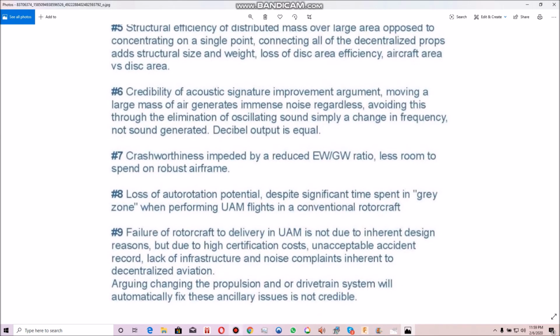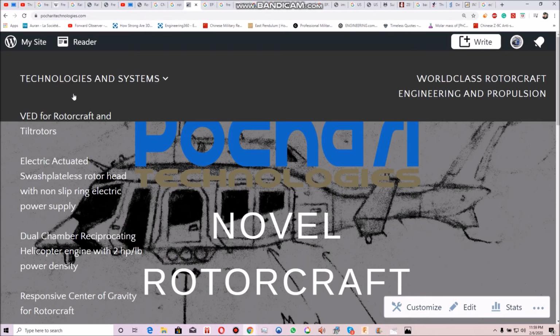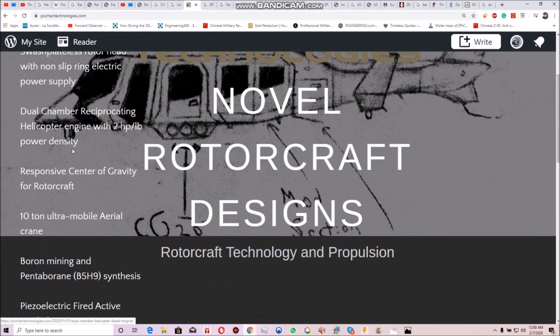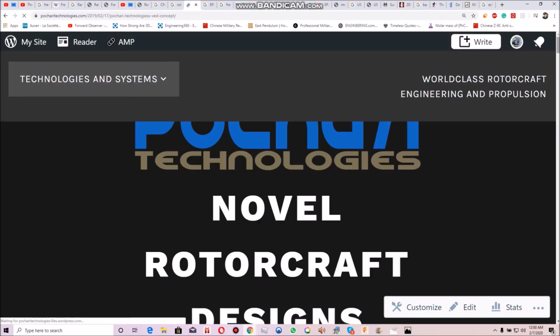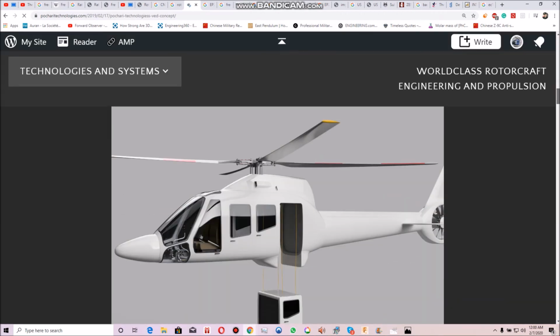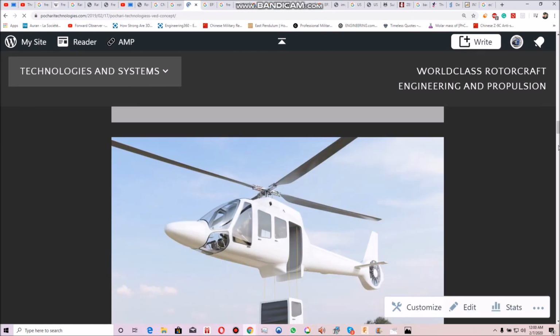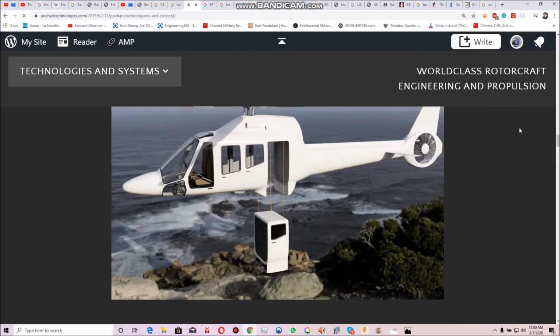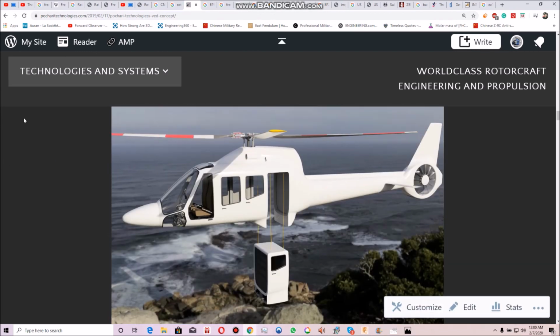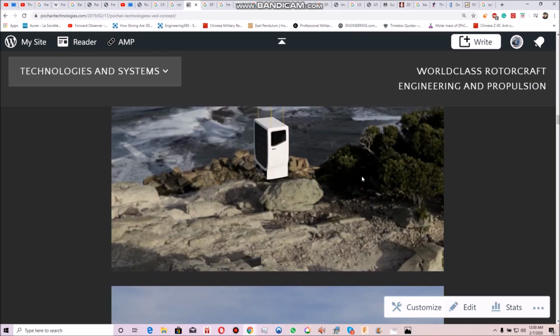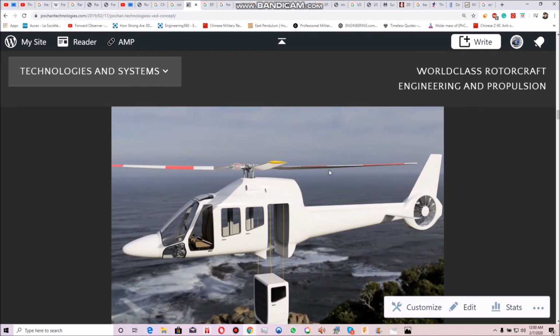Conventional rotorcraft with vertical embark technology allows you to basically pick up or drop off your passengers anywhere, provided there's a small 5 foot by 5 foot area.